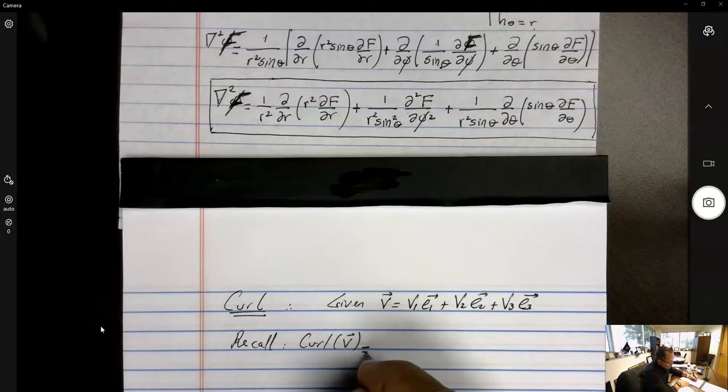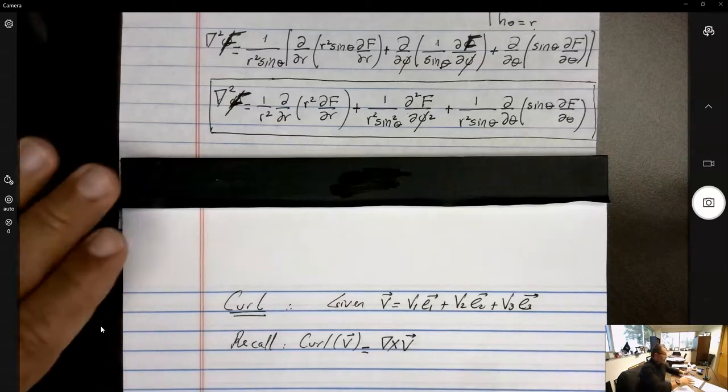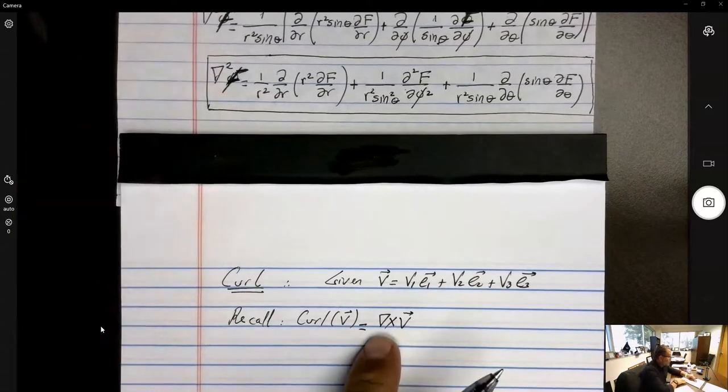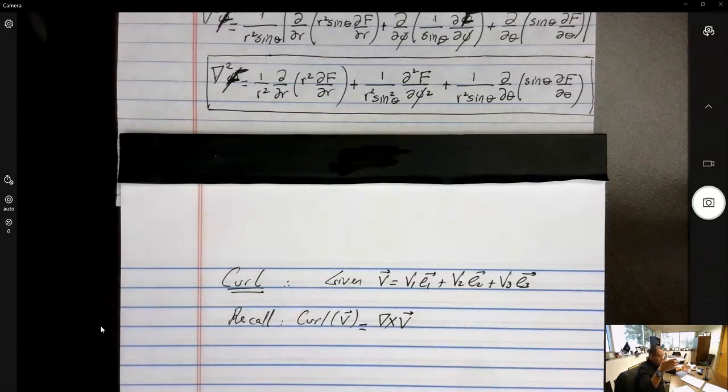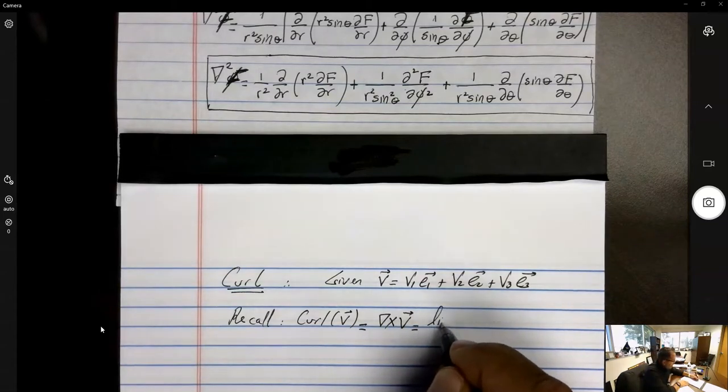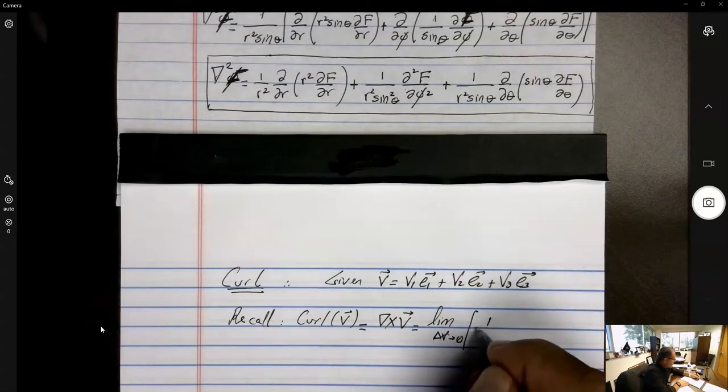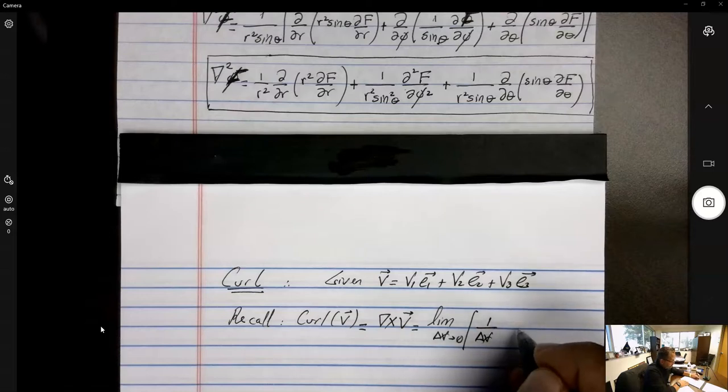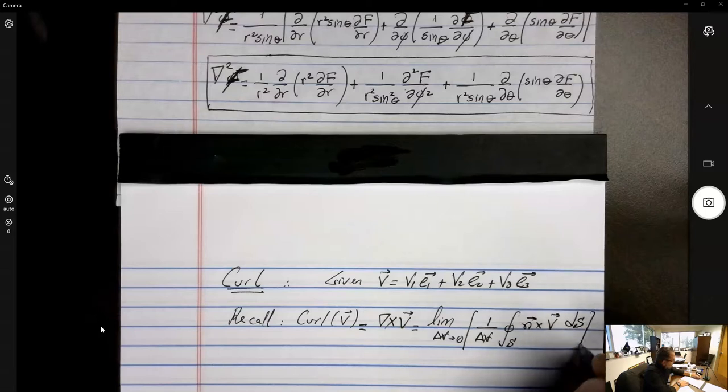The curl of V is such that we can write it as del cross V, which doesn't necessarily mean anything because now we don't have an expression for what del looks like in general curvilinear systems, or even in orthogonal curvilinear systems. It's just the way that we denote that operation. It is the limit when this volume goes to 0, which we used to call omega, times the integral over the bounding surface n cross v ds.